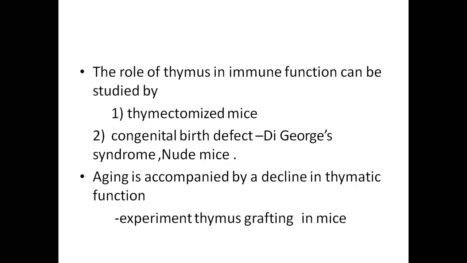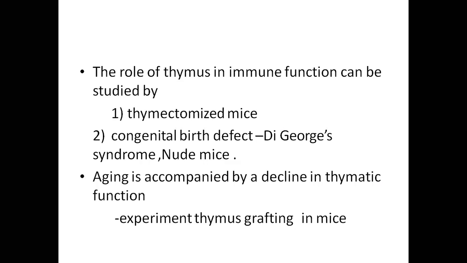The study was on thymectomized mice. That means what? They studied mice whose thymus has been removed. When the thymus of those mice was removed, and further studies were done on them, they found that the mice were immune compromised.